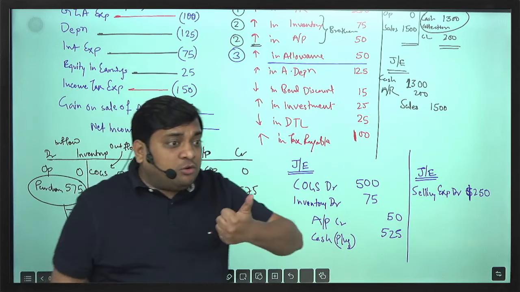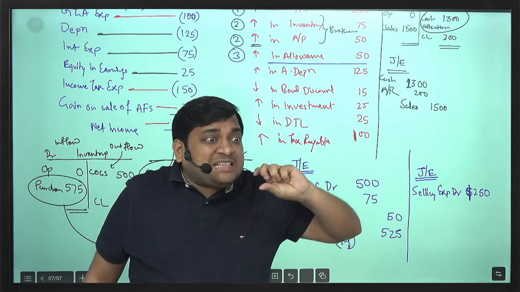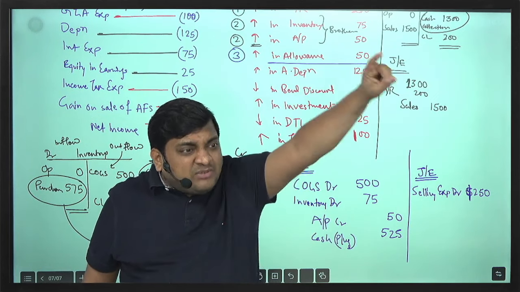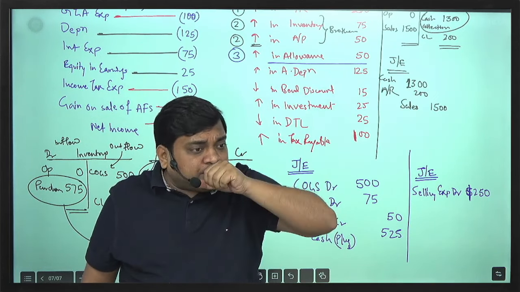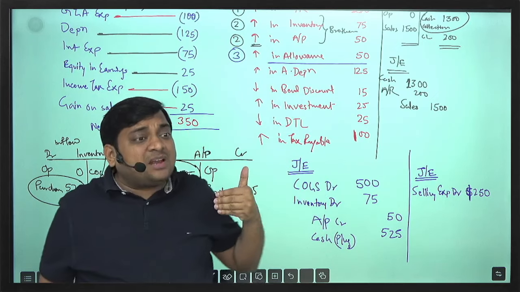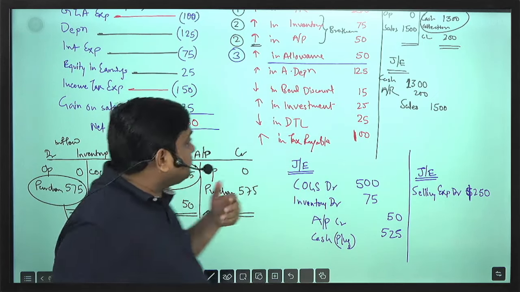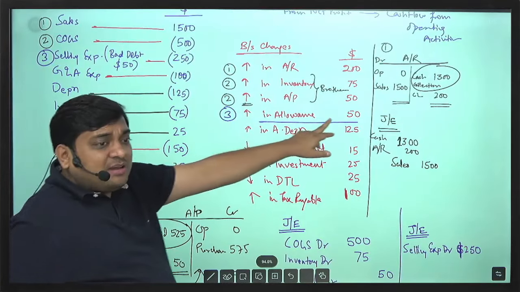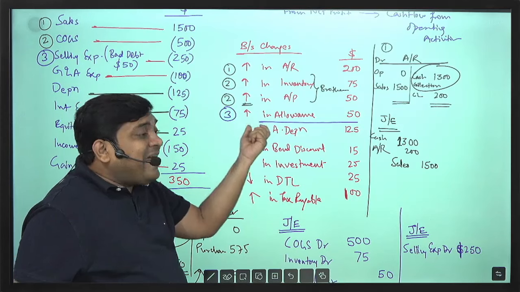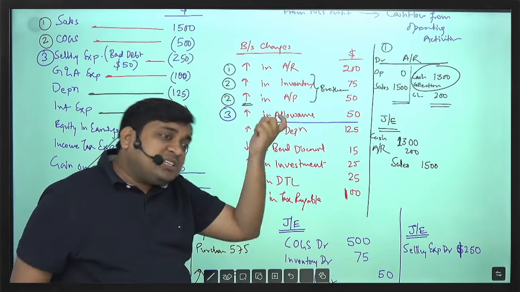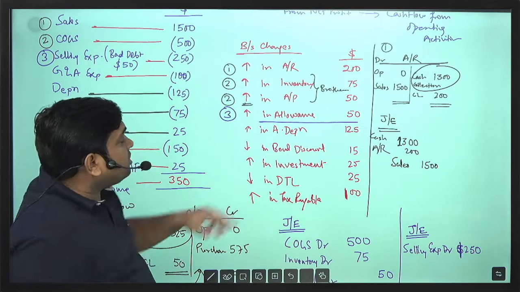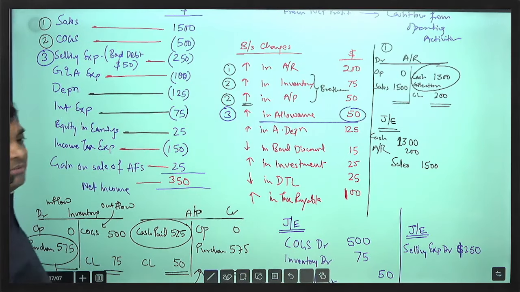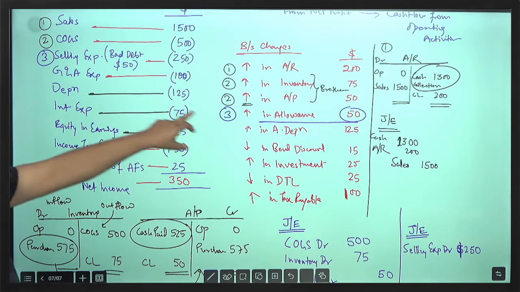Now I told you, when it is as a percentage of accounts receivable, first we will get the balance sheet figure. Balancing figure will flow to the income statement. So this is the balance sheet figure. Net is increase, so this is the change. So this 50 will flow to the income statement. This 50 and this 50 are the same.